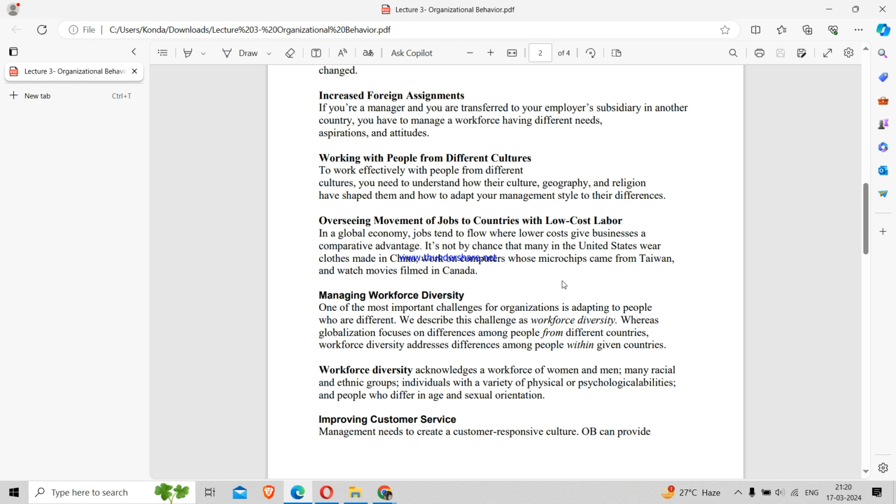The last but one was bias-free behavior. The company should not be biased at all. The heads should not be biased towards the fellow workers who are working under them. They should not hold any preference. They may hold preferences outside office time, where one may be close to another.